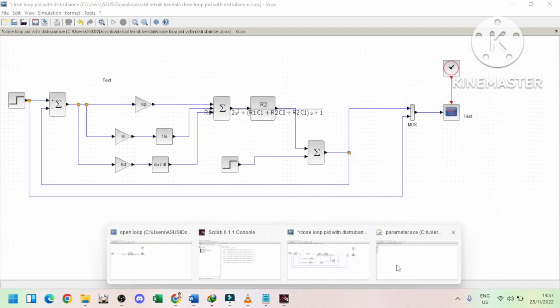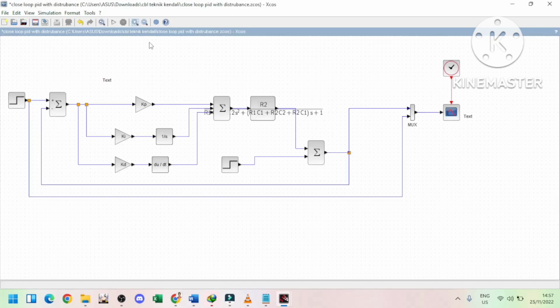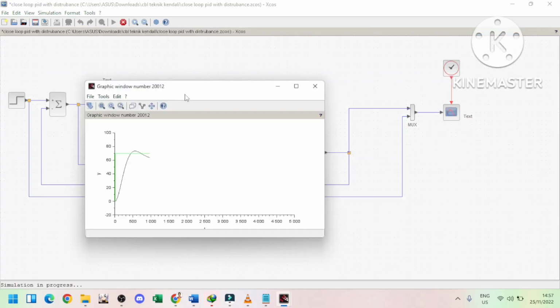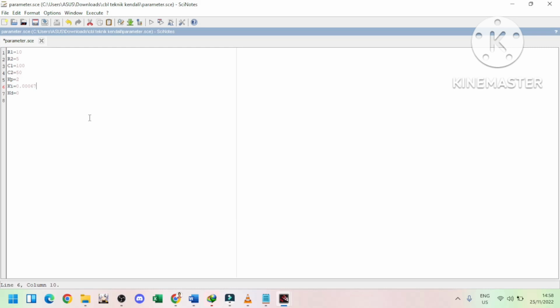If we make it smaller like this, we will get the result that the steady state error becomes smaller again, and the overshoot becomes small too. So we need to adjust it more again.